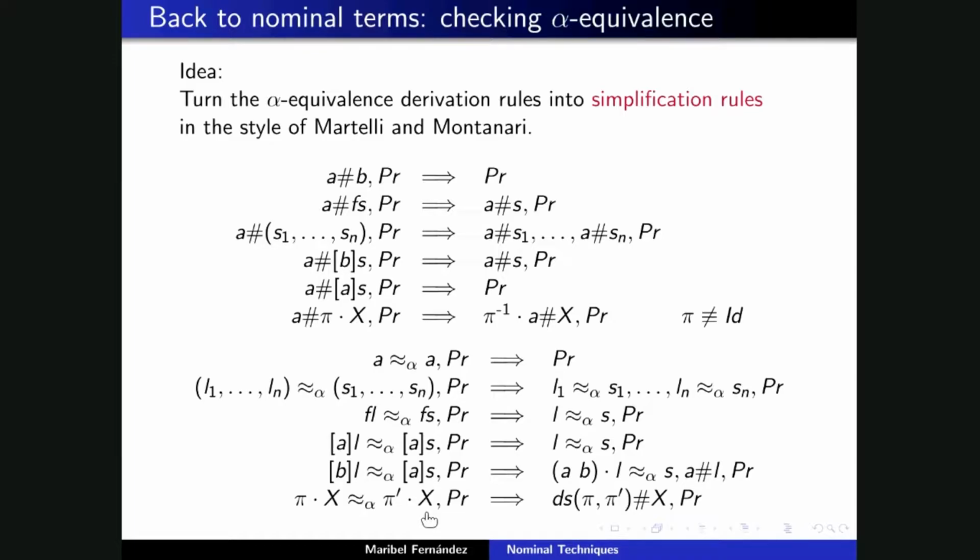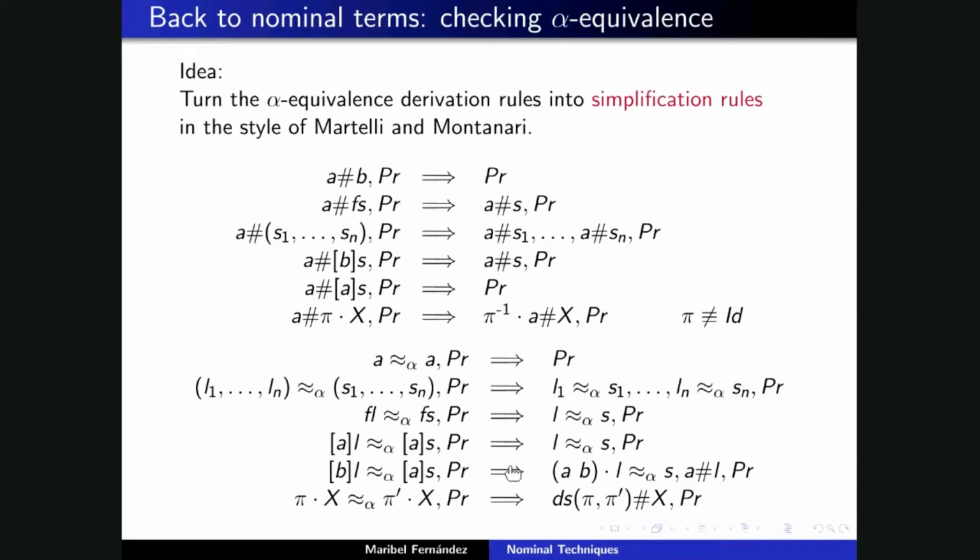So we have an alpha equivalence relation axiomatized on these terms and a freshness relation. And we know how to check alpha equality or freshness by simplification, by applying these simplification rules as much as possible. But the question is, can we implement this efficiently?